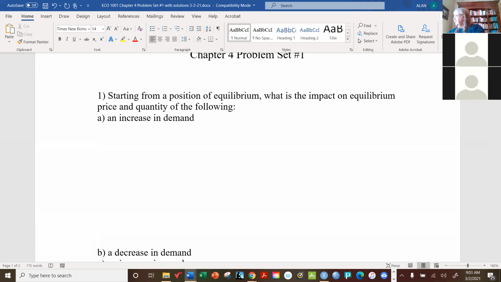All right, hold on one second. All right. So the increase in demand means the entire demand curve shifts to the right.